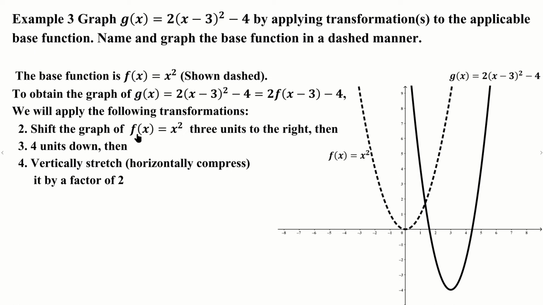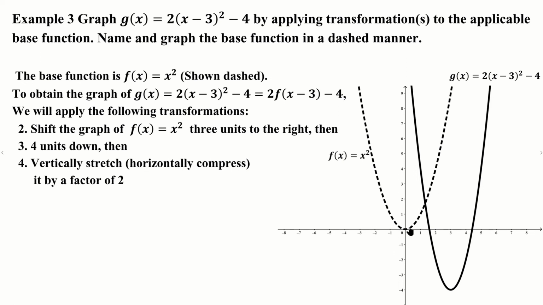We'll shift the graph of f of x equals x squared 3 units to the right because it's x minus 3. Then we're going to move it 4 units down, and we're going to vertically stretch it by a factor of 2. And that's how we end up with this.